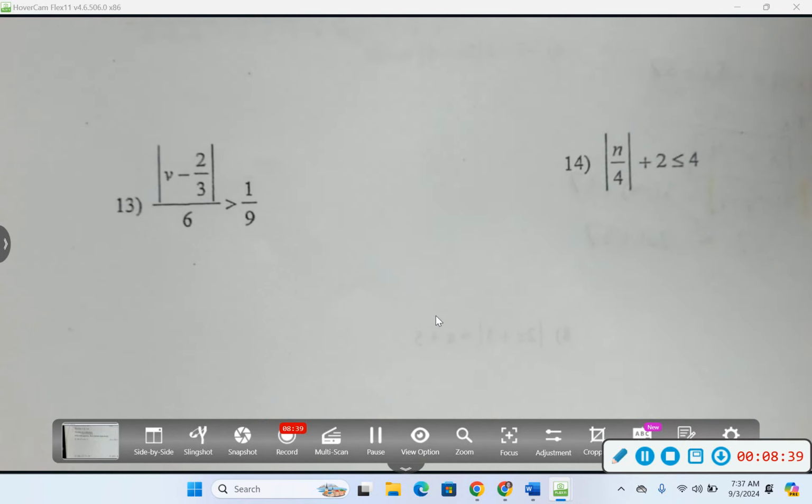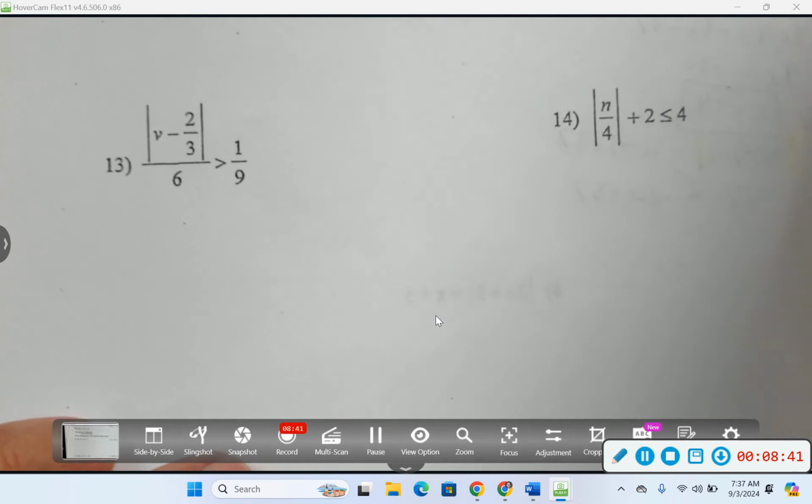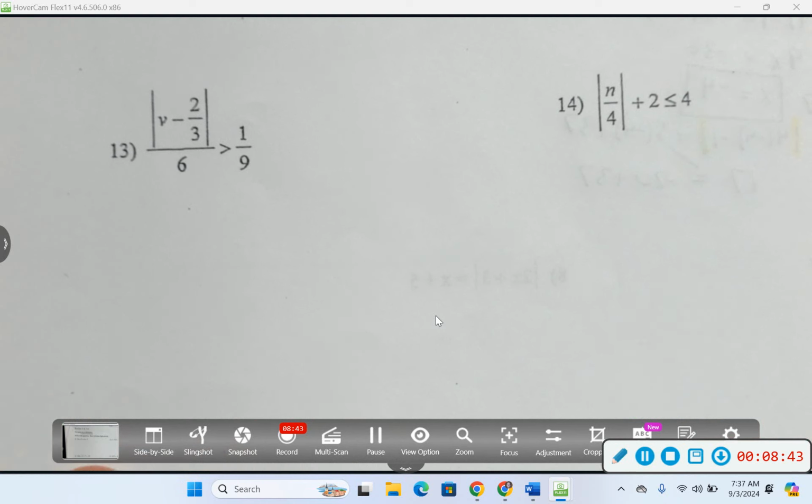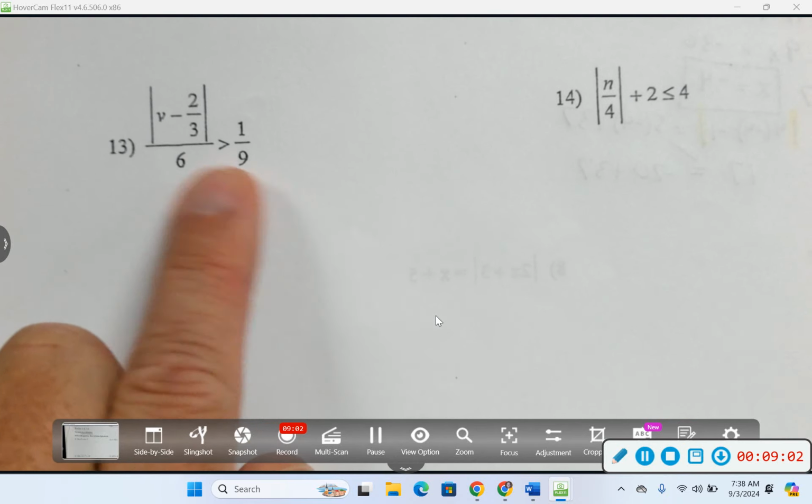Next, number 13. Ugh, 13. Fractions everywhere. What do you want to do first? Multiply by 6? Okay, I'm okay with multiply by 6 because I see 2 options here.